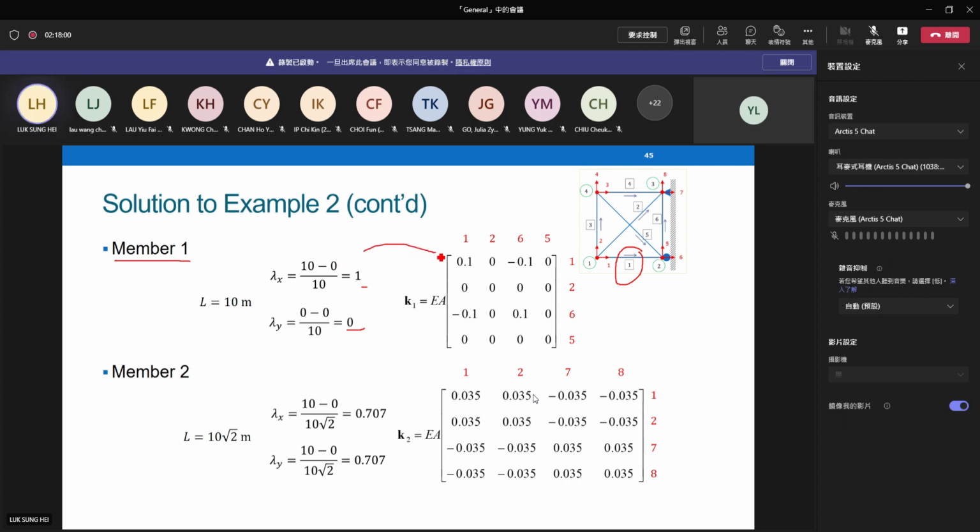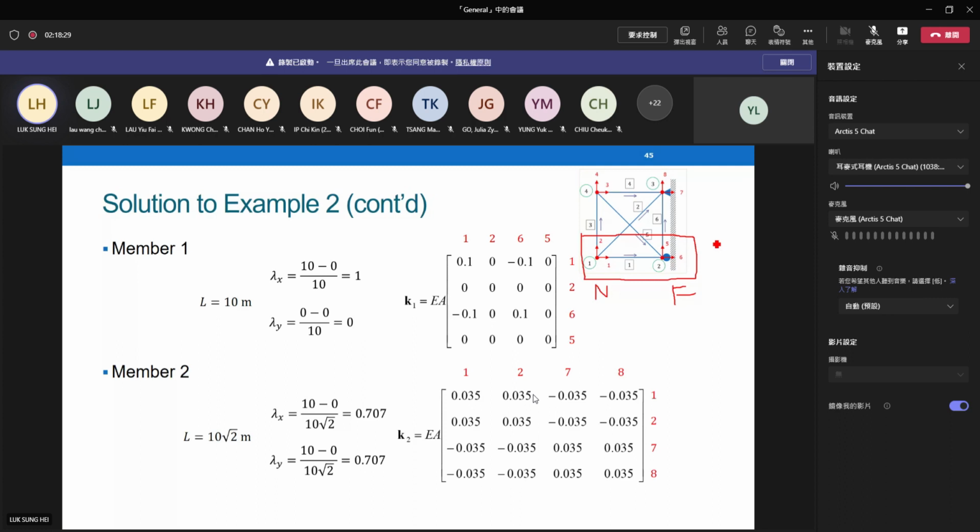Going into the element matrix. For element 1, located right here, the member orientation points from left to right. It shows us that the left-hand side should be node N, the right-hand side is node F for element 1.